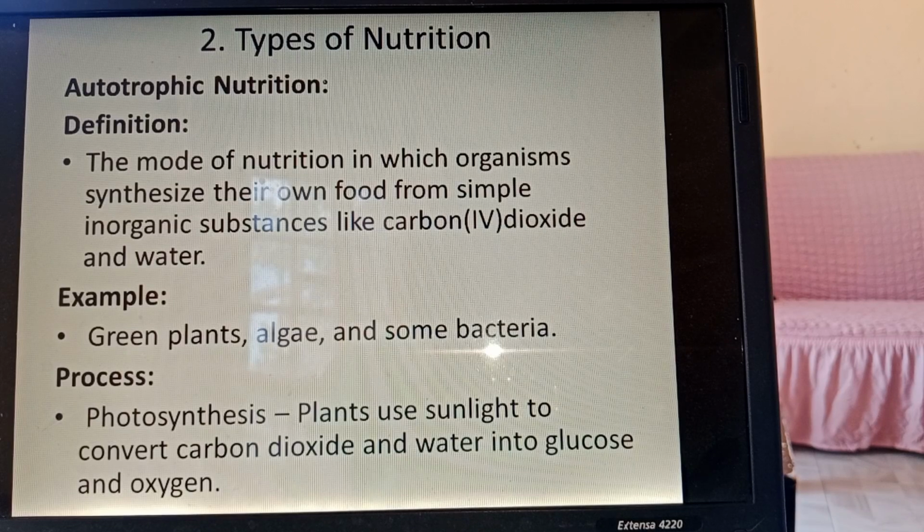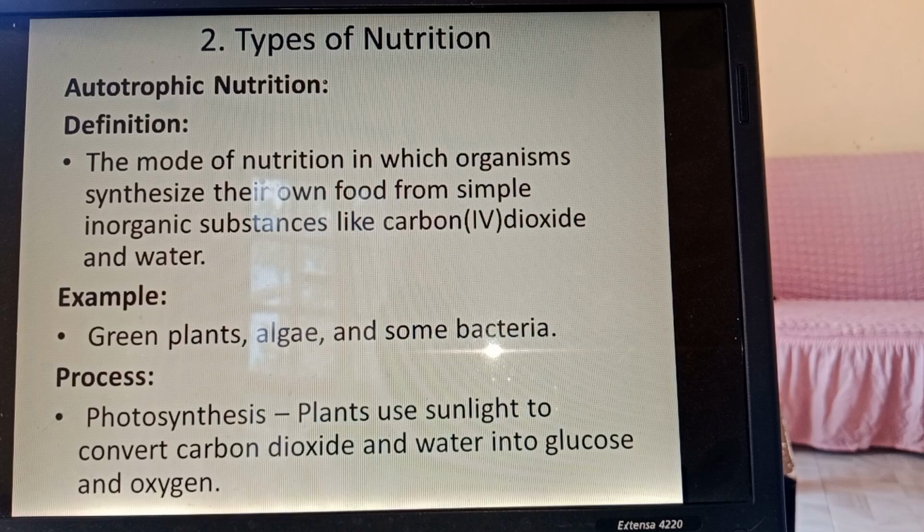So, autotrophic nutrition is the mode of nutrition in which organisms synthesize their own food from simple inorganic substances like carbon dioxide and water. Carbon dioxide and water.